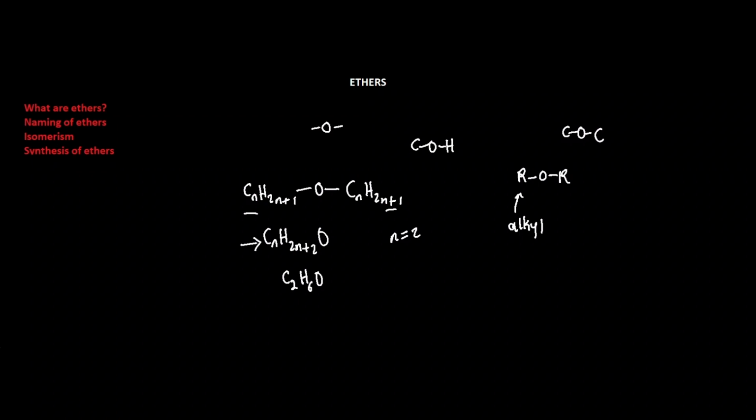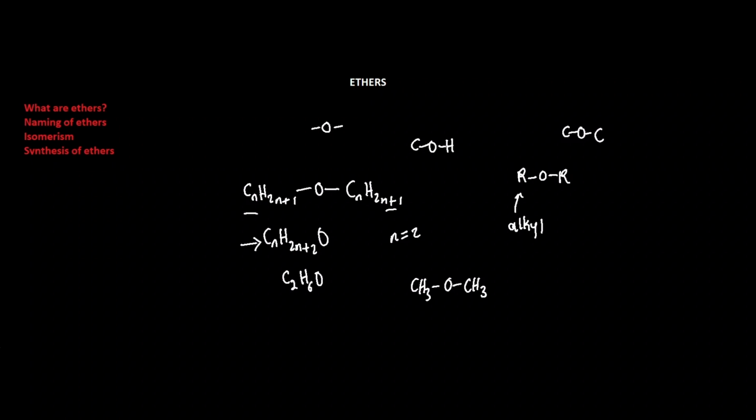This means that we can have two methyl groups on either side of the oxygen atom. So we can have CH3 on one side bonded to oxygen and CH3 on the other side. Of course, this gives us a C2H6O. This is the general explanation for what an ether is.